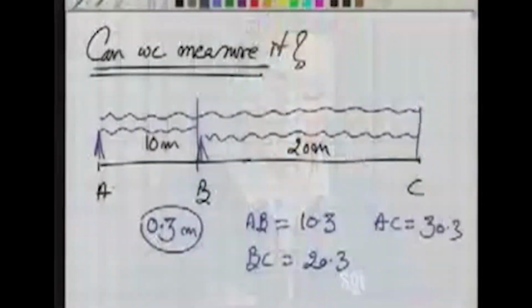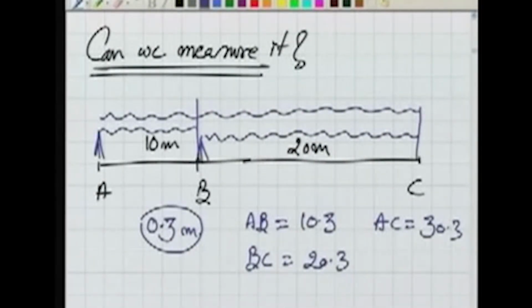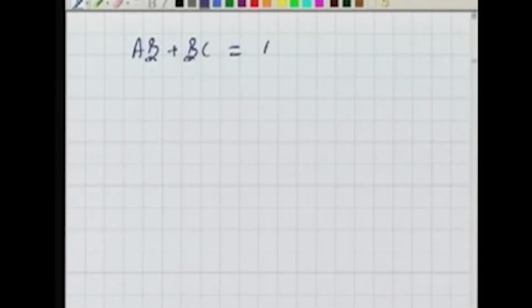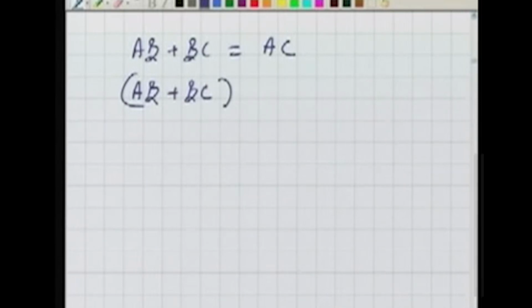Well, what do we do? We can write a simple equation. If you look at that, here we can say that AC is AB plus BC. Okay, so AB plus BC is AC. Well, if I write it further, AB plus BC minus AC, in the ideal case that should be 0, but will it be so if there is a zero error?